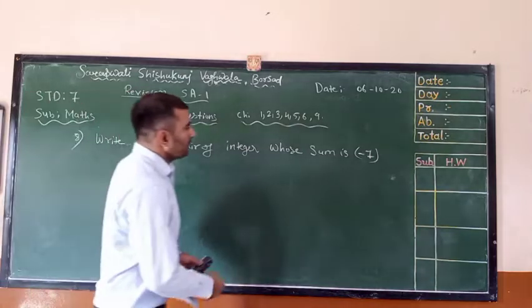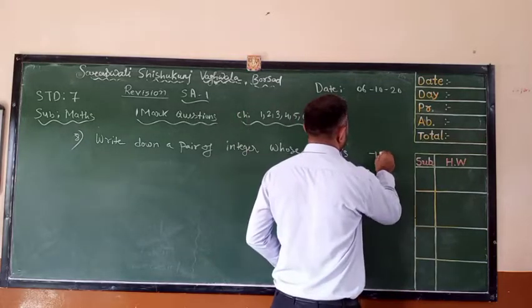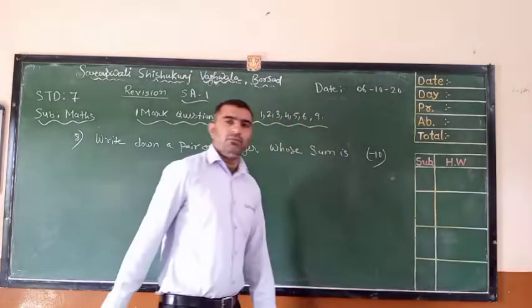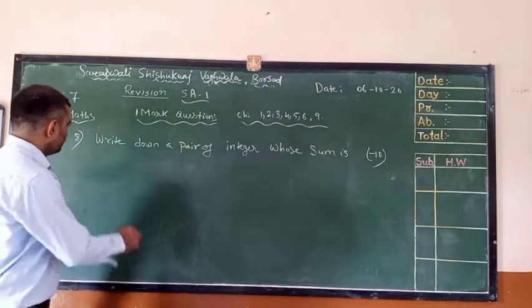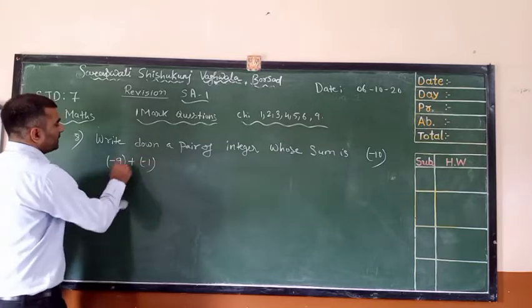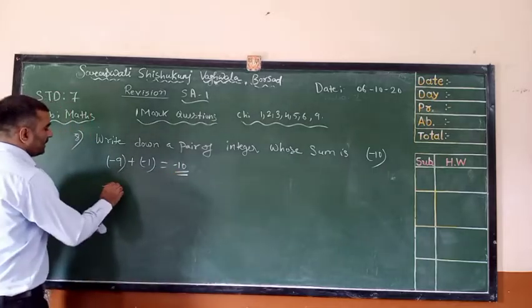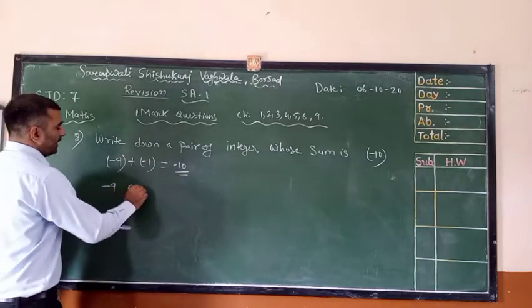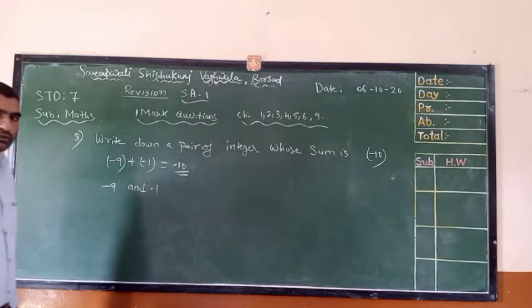Write down a pair of integers whose sum is minus 10. In the same way over here also, you can use any integers. Minus 9 plus minus 1, and that is minus 10. So we can say minus 9 and minus 1 are a pair of integers whose sum is minus 10.